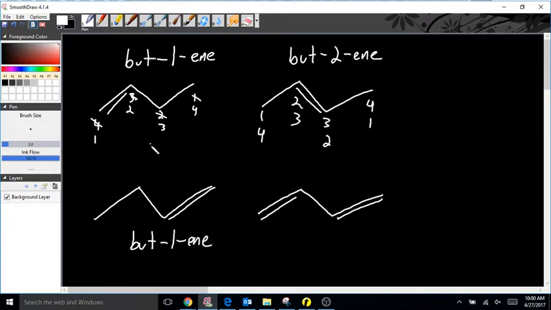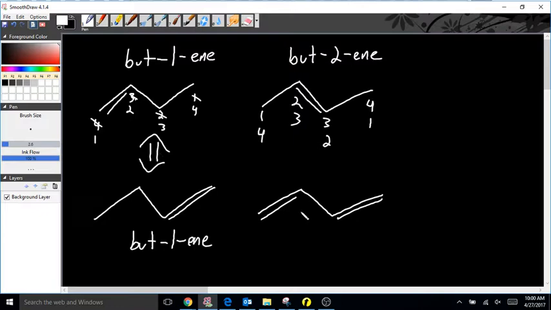Essentially, these two are the same. Whether I put that double bond at the beginning or the end, that's the only thing on it. They're just flipped. If I take this and rotate it around, it would look just like that top molecule.